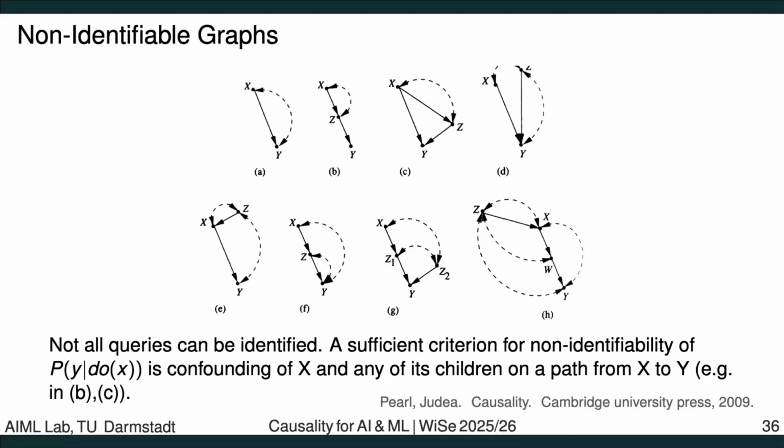So it might not be that we can't identify the problem per se, but this is always about which variables we have measured. Do we have enough data to get an unbiased estimate?